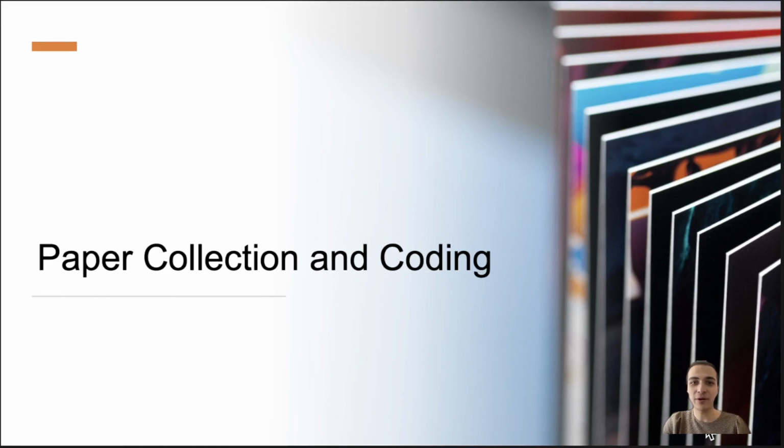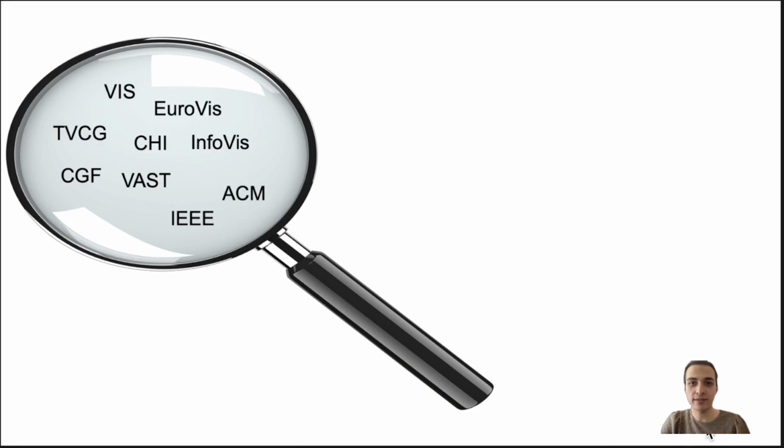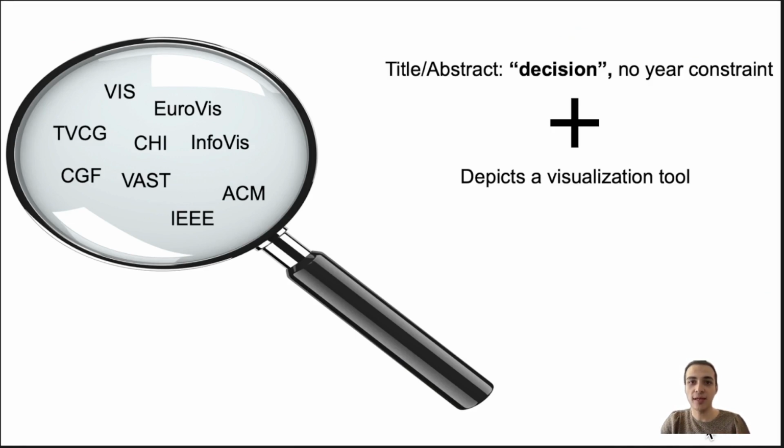Next, let's talk about where and how we found visualization tools. We searched through several visualization venues and digital libraries to find articles which depict a visualization tool and include the keyword decision in their abstracts or titles without restricting the year.